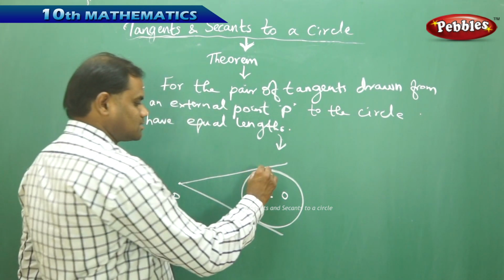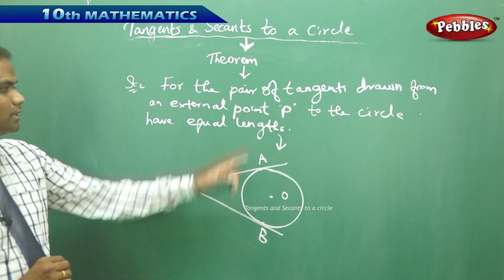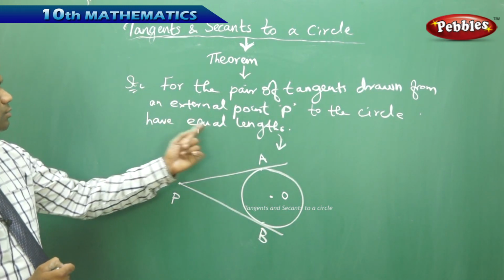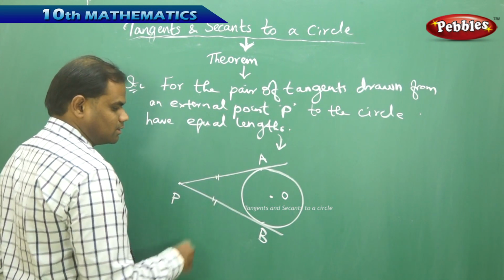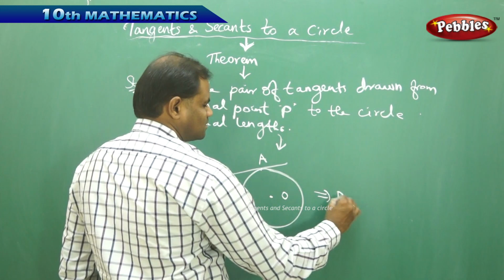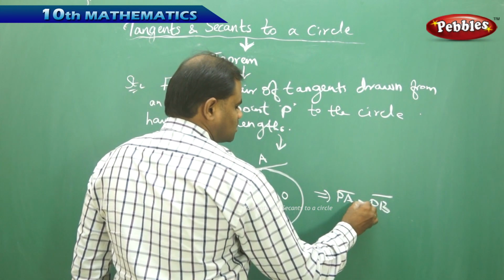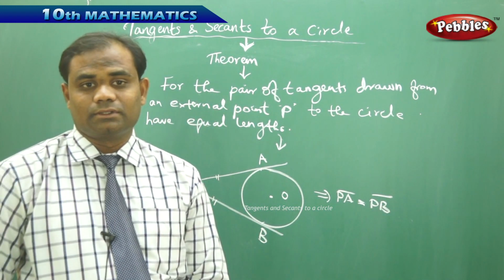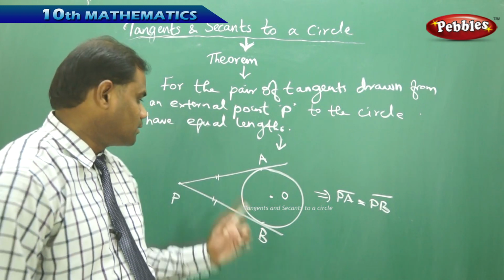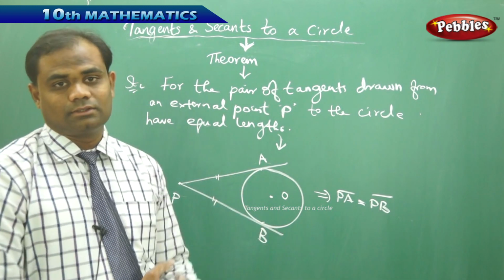Then if I take this as A and B, then mathematically the statement says that the two tangents will have equal length. That is, this will be equal to this, implies PA is equal to PB, is the property we identify in tangents connected with circles. Two tangents are equal if they are drawn from an external point to the circle.